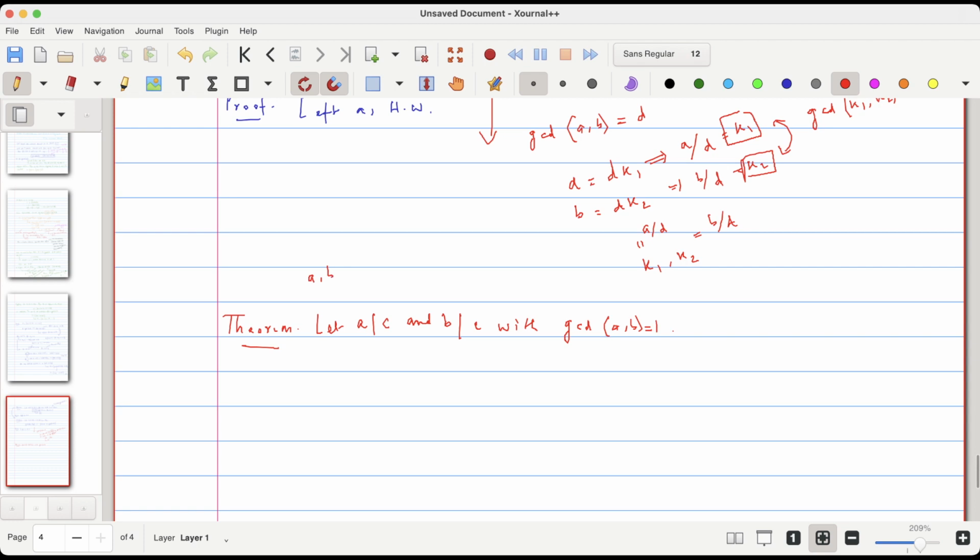Of course, I don't need to say that A, B, C, all three are integers. Then AB divides C. So I will try to give you an example of this.